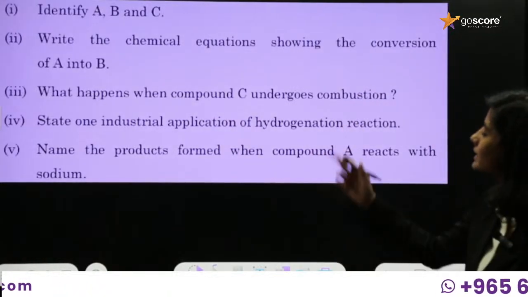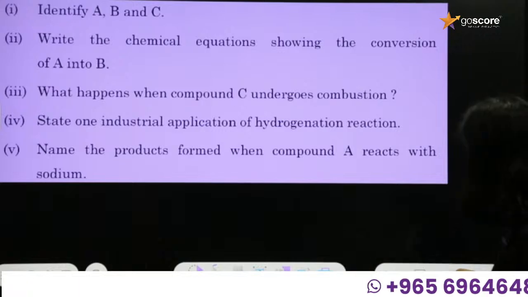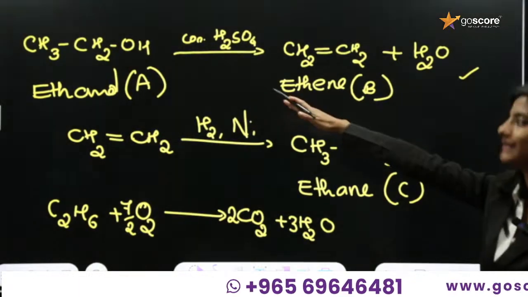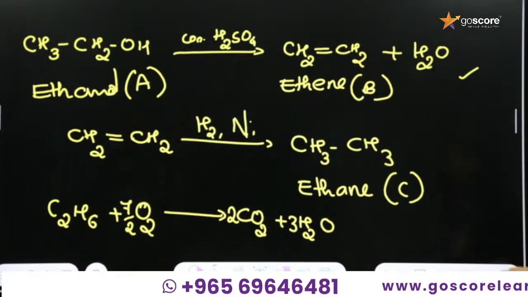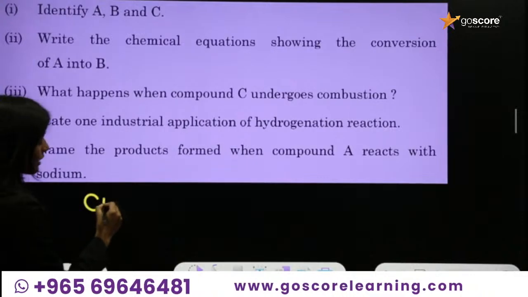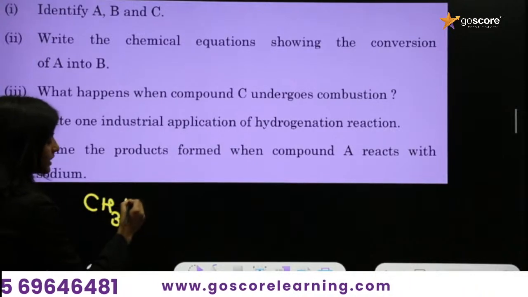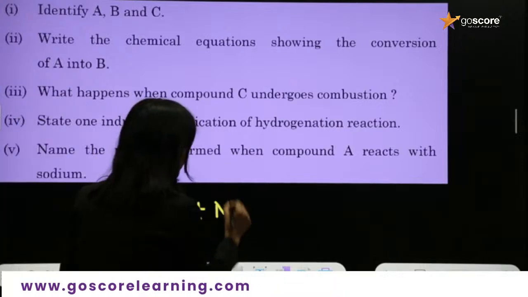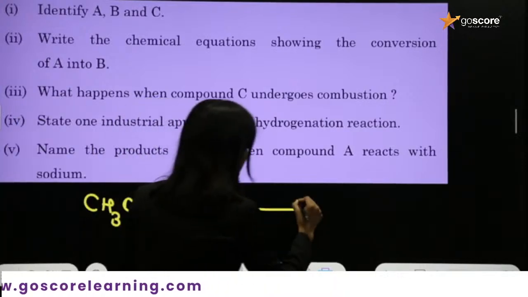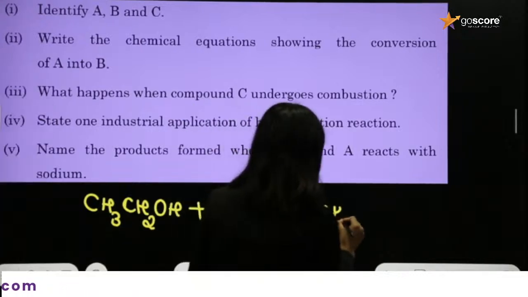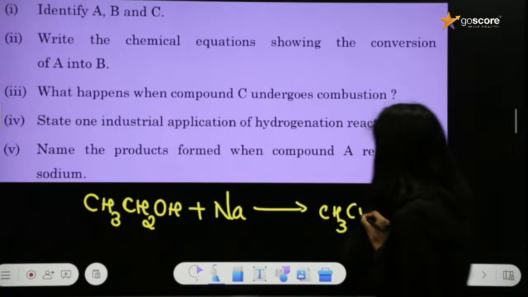Name the products formed when compound A reacts with sodium. What is compound A? CH3CH2OH, ethanol, reacting with sodium. Definitely we are going to get sodium ethoxide, CH3CH2ONa.